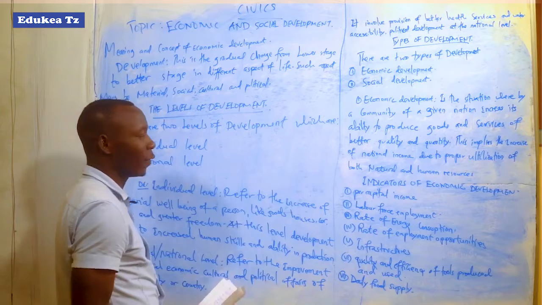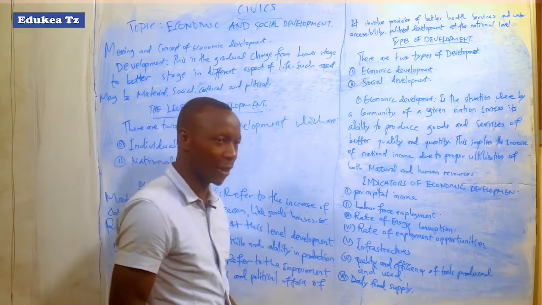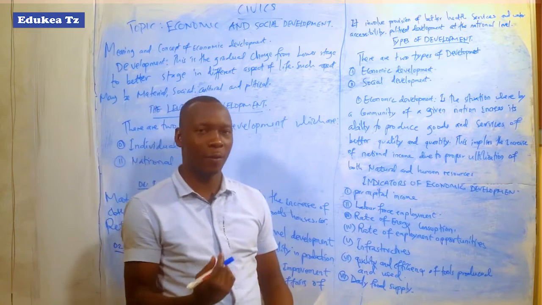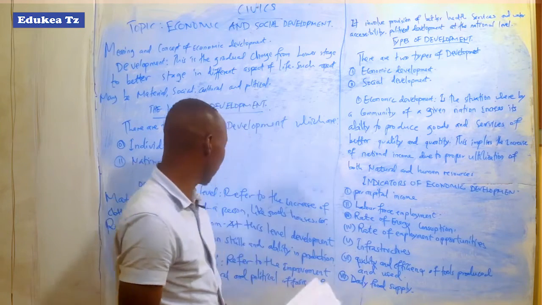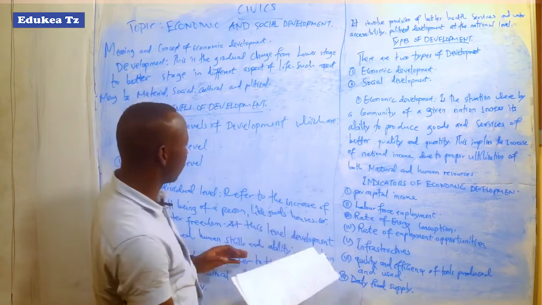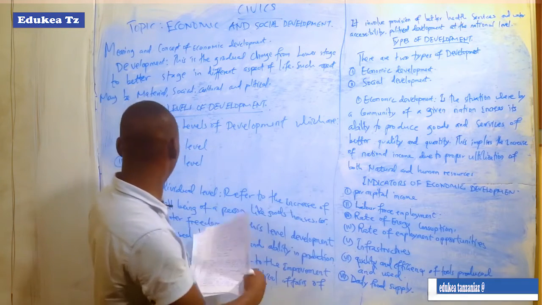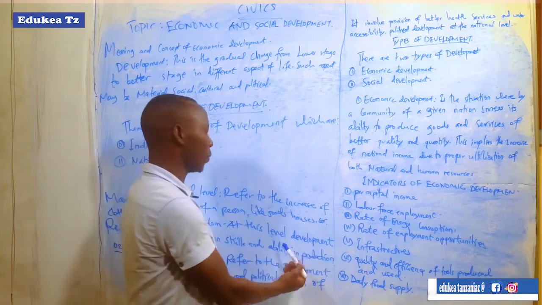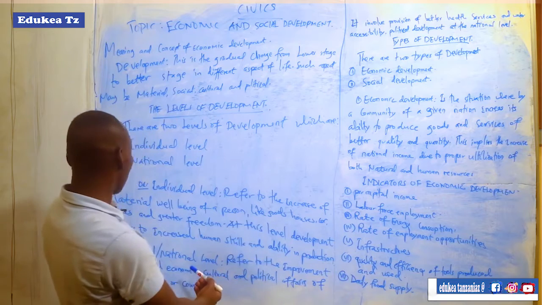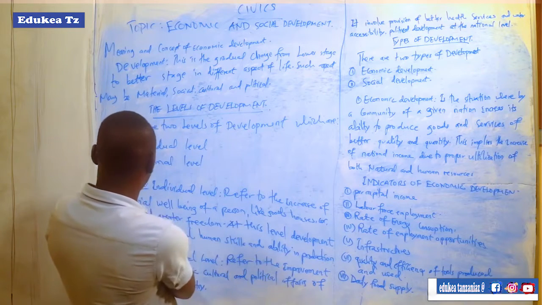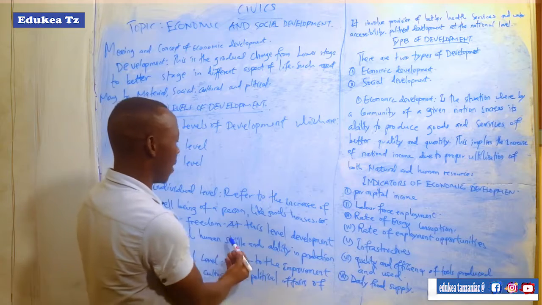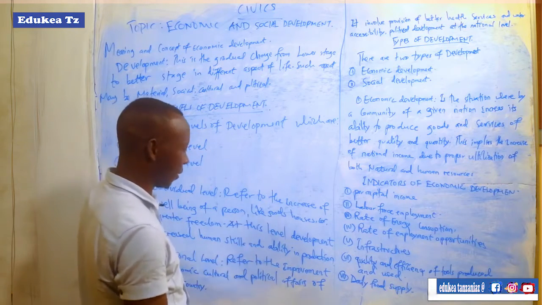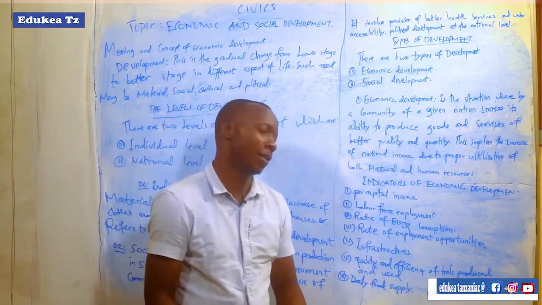Individual level of development. What does it mean? Class, when you say individual level of economic development, we mean the increase of material well-being of a person, like goods, houses, cars, clothes, and a greater freedom. At this level, development refers to the increase of human skills and the ability in production.